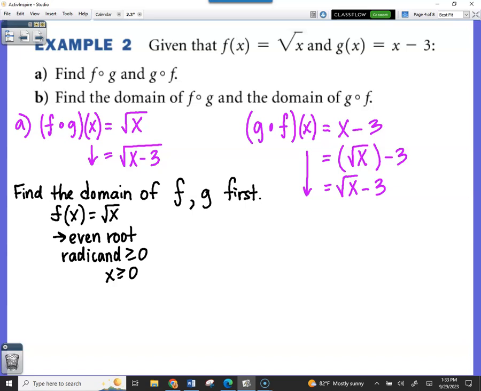Now let's sketch a visual here. Number line, put 0 on it, closed and to the right, which means you can plug in any number as long as it's 0 or higher. All right, now let's do G. G is x minus 3.